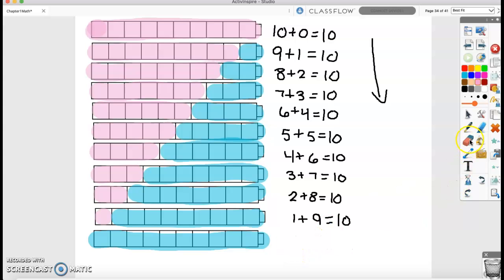Let's change this because I noticed in the pattern it didn't fit my pattern. So my pattern should have been 0 plus 10 equals 10. So let's see if it fits this time. 10, 9, 8, 7, 6, 5, 4, 3, 2, 1, 0.